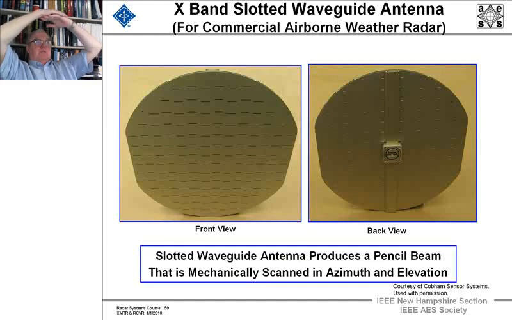This was down at Cobham Systems, and so you could count off the lambda over 2s here where you have the slots, and figure out the wavelength that this radar works at, and you can see that the slots are offset and in certain phases so that they give a pencil beam, and then behind this will be a gimbal which will move the antenna around.